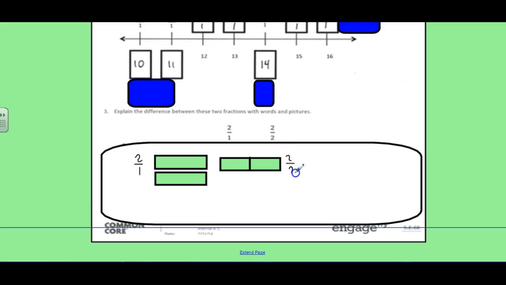So it said you had to use words and pictures. So now we're going to have to use a sentence or maybe 2 sentences to tell why 2 over 1 and 2 halves are different. So we're going to need to write, 2 over 1 is not the same as 2 halves.